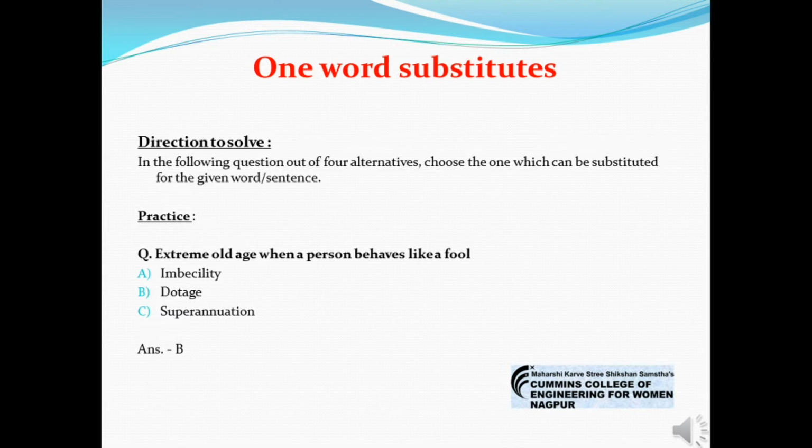Dotage means the mental infirmity as a consequence of old age, and superannuation means old age pension or retirement pension. So, what is the correct option here? It is option B, dotage, which explains extreme old age when a person behaves like a fool because of the mental infirmity as a consequence of old age. So, the correct answer is B.